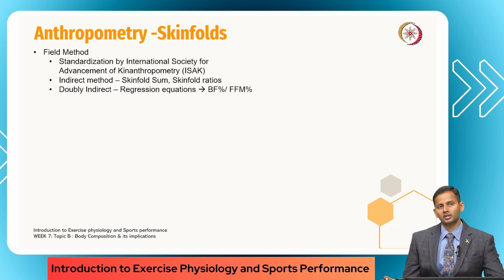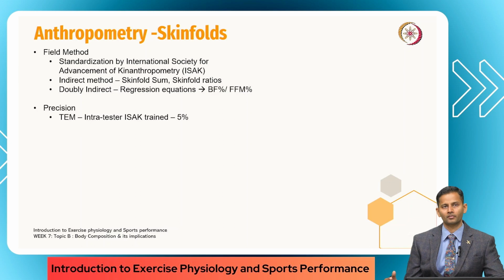The method per se is an indirect method. It uses the skinfold sum and skinfold ratios to derive body composition parameters. It uses a doubly indirect method for arriving at these parameters of body fat and fat free mass using certain regression equations.